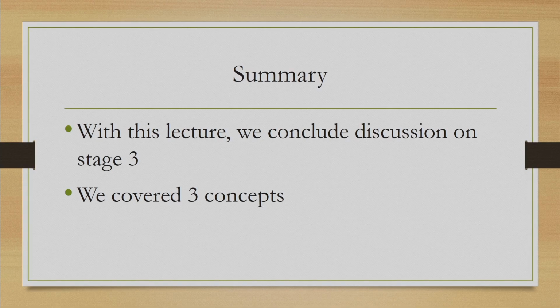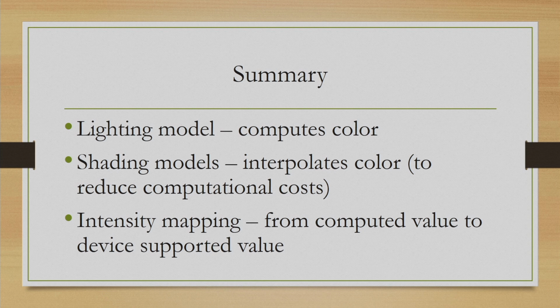So, in summary, let us quickly recap what we have learned so far. With this lecture we conclude our discussion on stage 3 of the pipeline, that is coloring, and we covered 3 broad concepts: the lighting model, to compute color; the shading model, to interpolate colors which reduces computation; and the intensity mapping, to map between the computed intensity and the device supported intensity.